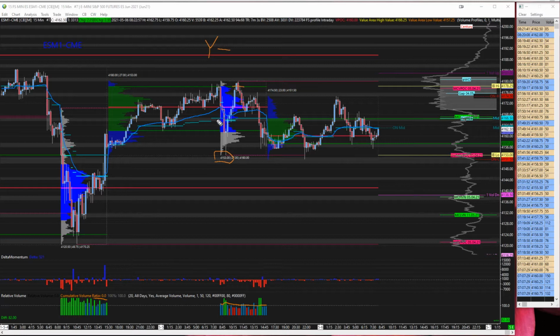Sorry, the initial pullback was indeed to 66. There it is, the initial pullback. It did exactly pull back to 66 as my scenario 1, the overnight mid.